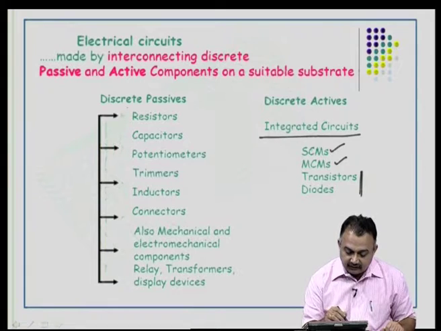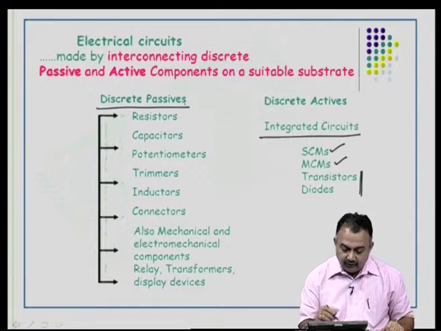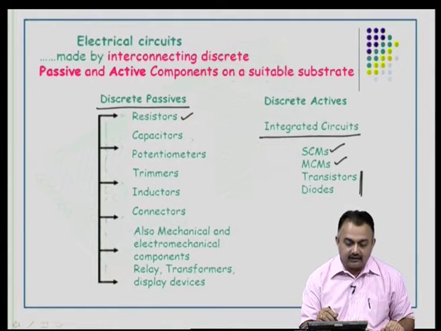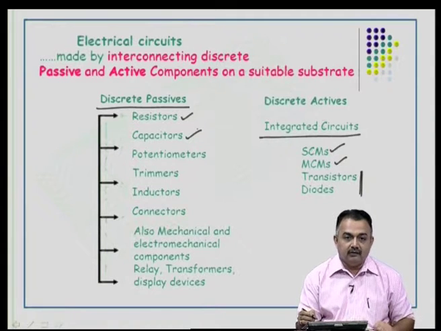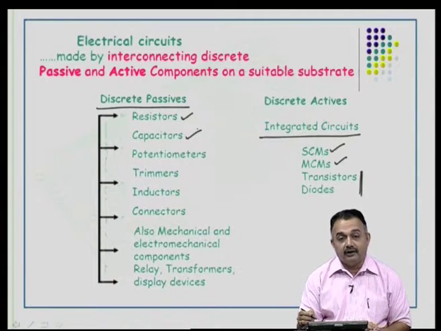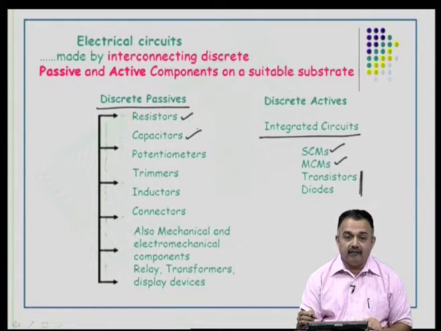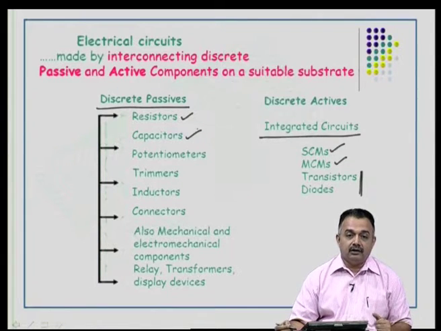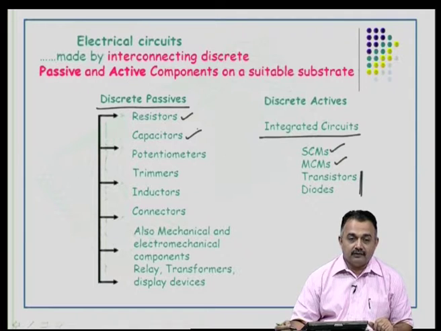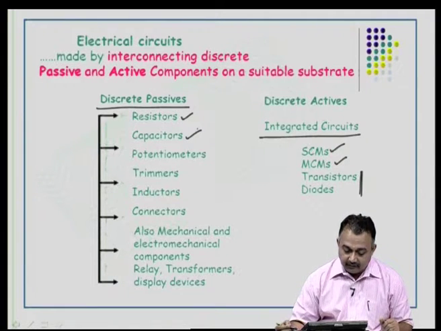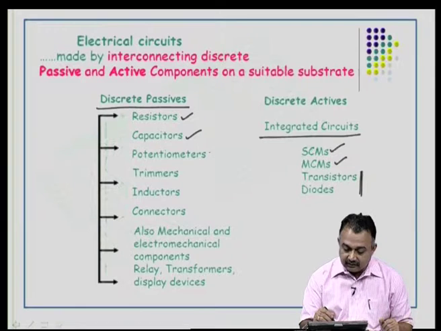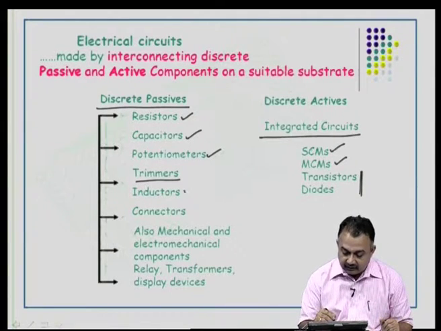In the case of discrete passives, you will be using resistors, various forms, various types, various values, capacitors of various values and sizes and different types, because you can have resistors and capacitors in a through hole format or in a surface mount device technology format. Then variable resistors, potentiometers, trimmers, inductors, inductor coils, connectors.